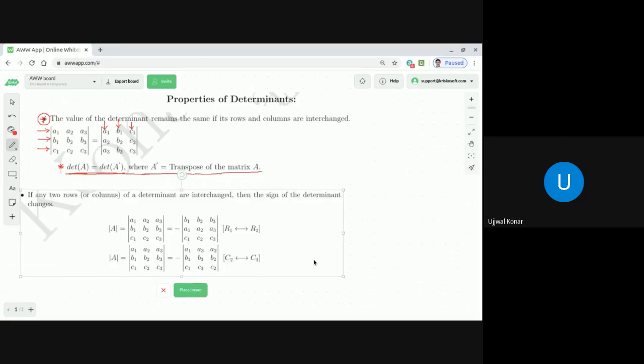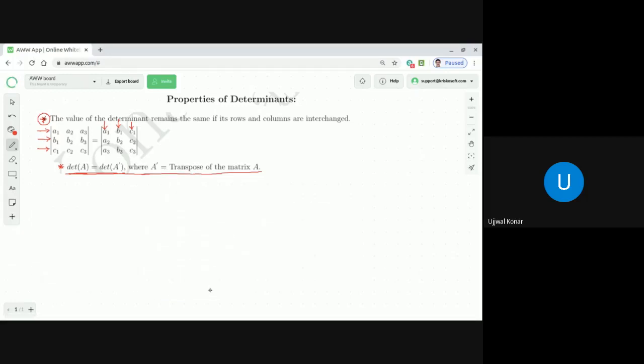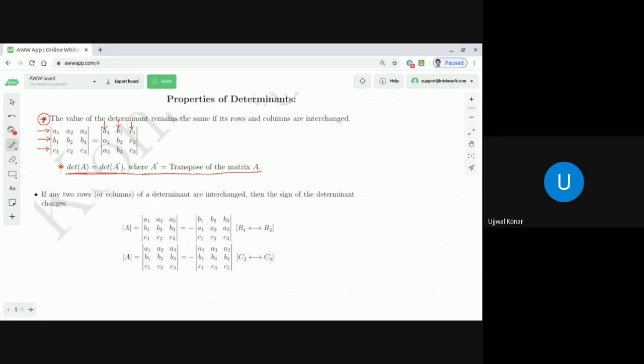If any two rows or columns of a determinant are interchanged, the sign of the determinant changes. The numerical value actually gets negated. So let me show you how it happens.